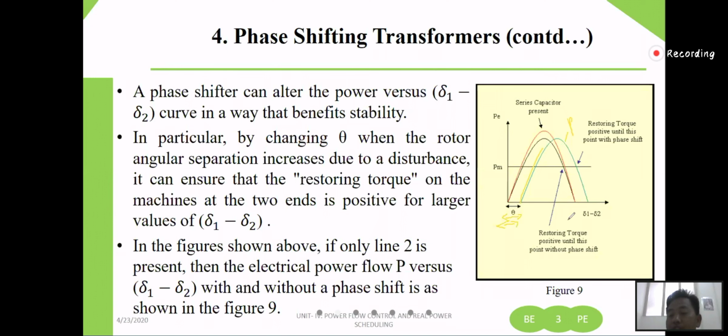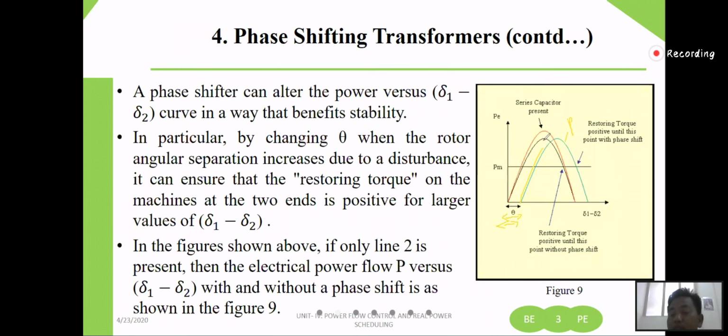If you want maximum power or more power, you adjust it such that your phase angle gives you a maximum power flow. Whereas in series capacitors you cannot do this. With a series capacitor you will increase the maximum electrical power from the initial one.